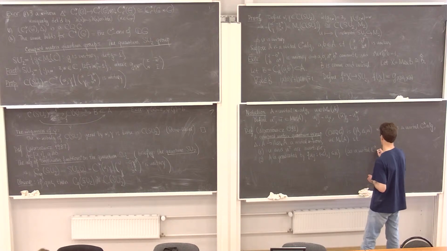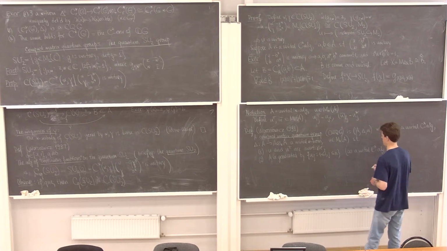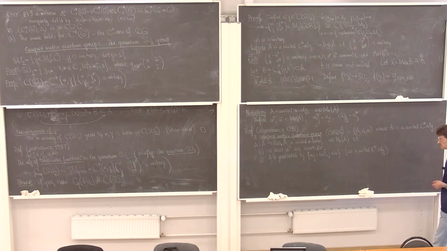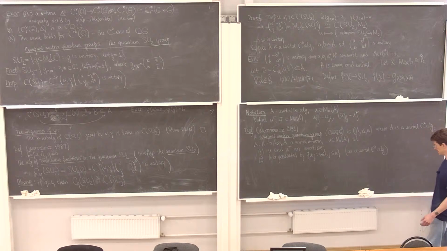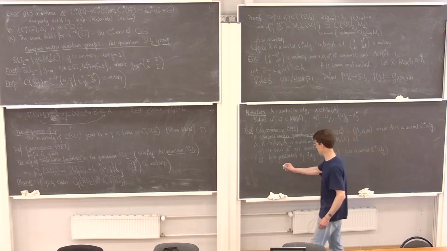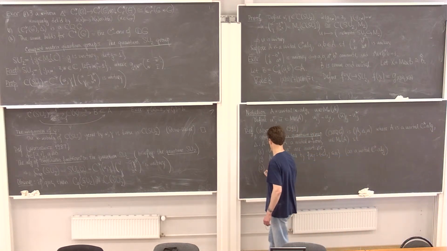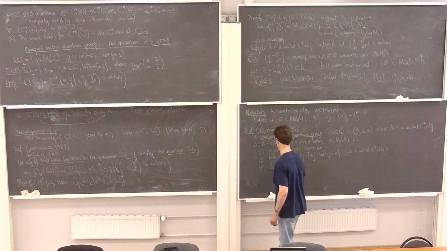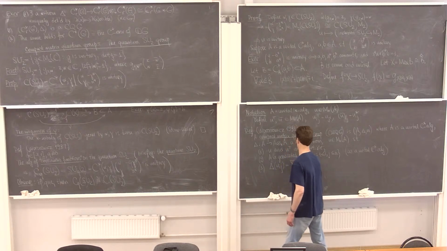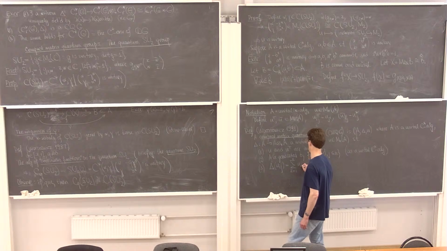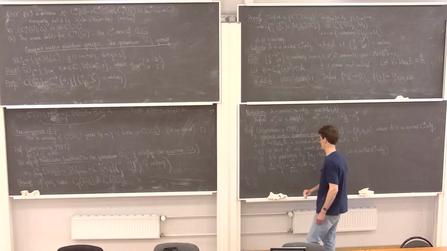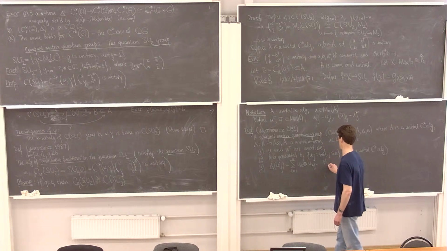That is, the smallest unital C-star subalgebra of A containing these elements is A itself. And condition 3 explains how delta acts on the matrix entries. Delta of Uij is given by the following formula. This is the sum over k of Uik tensor Ukj, for all i and j.